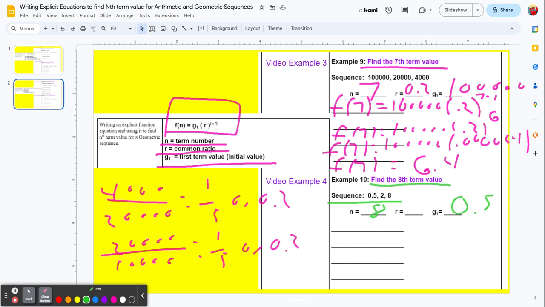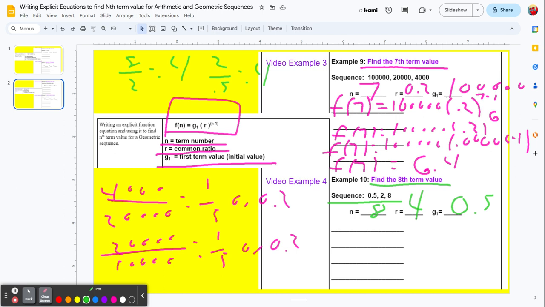And our common ratio, let's do the work over here on the left, we're going to go 8 divided by 2, which equals 4. And we're going to go 2 divided by 0.5, which also equals 4. So our common ratio this time is 4. So in this example, our sequence is going to be increasing, but increasing at a rate of, we keep multiplying by 4 each time.